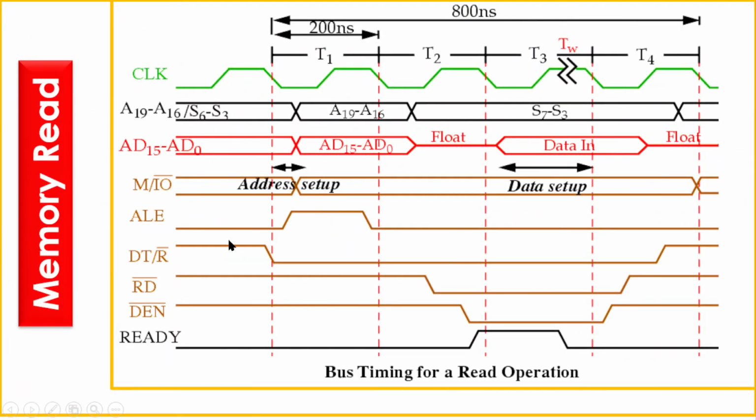Already I told that address latch enable is only for the first T state. The T state means, in a timing diagram, what the processor is doing internally for every microsecond, every nanosecond. That you can identify easily by looking at the diagram. We have 4 T states. 4 T states are needed for a read operation.